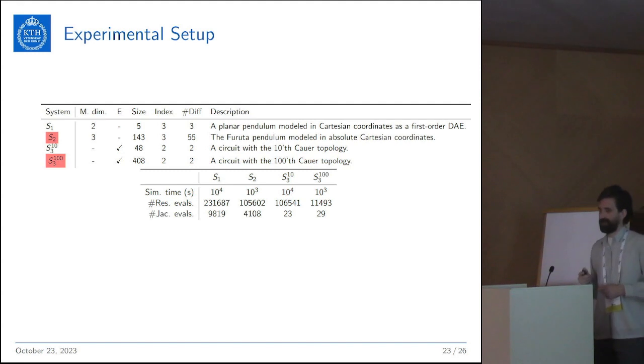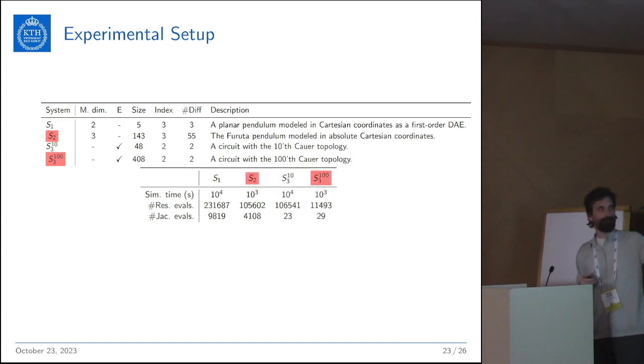In the second case, we have a linear circuit with a repeated structure. It has quite many equations, 408, but only 2 of these need to be differentiated in order to index reduce this DAE. And since it's linear, if we compare the number of Jacobian evaluations and residual evaluations during the simulation for S3100 here, we see that there are very few Jacobian evaluations.